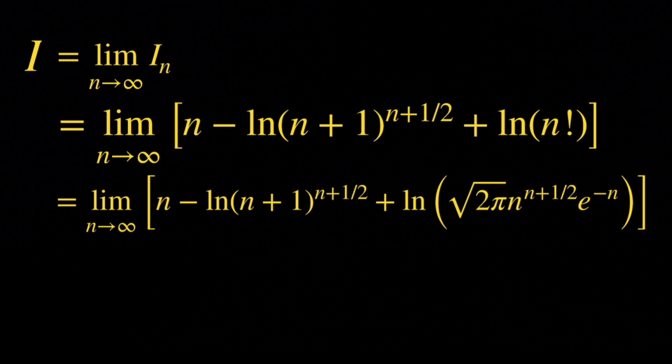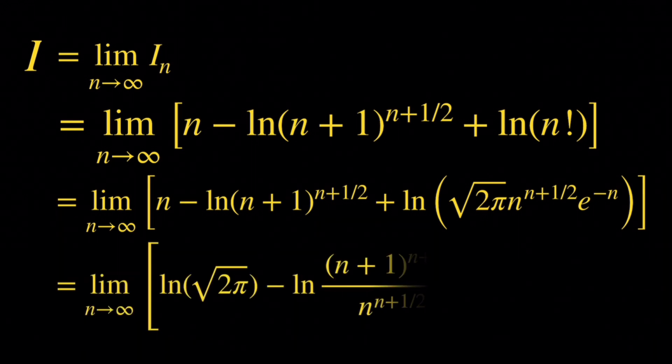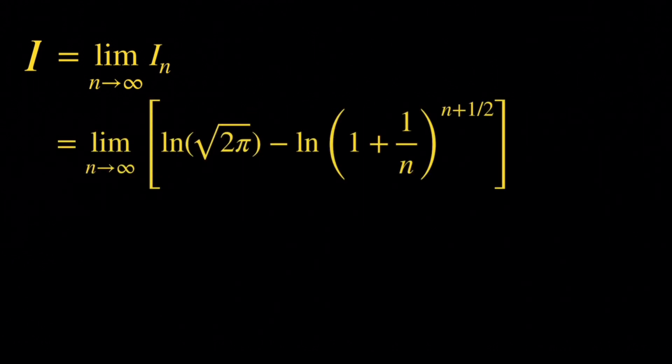Okay, so we're going to have the limit as n tends to infinity of the natural log of the square root of 2 pi, minus the natural log of n plus 1 to the n plus 1 half, divided by n to the n plus 1 half. Okay, so the second term can be written as natural log of 1 plus 1 over n, to the n plus 1 half.